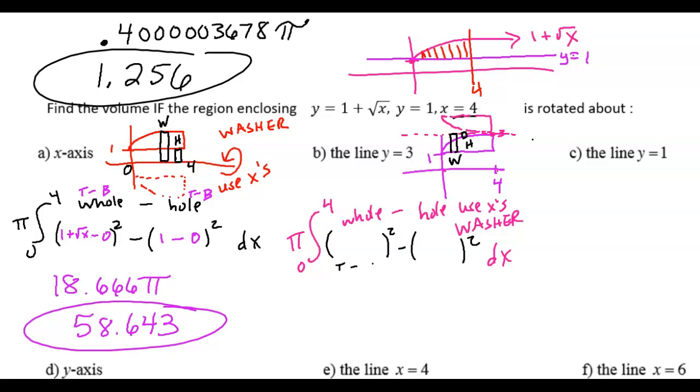So top minus bottom, top minus bottom. So 3 minus the bottom is touching that line of 1. Okay, so I really do think these drawings help. The next one, my top is touching 3 minus the bottom is touching the curve, which is 1 plus root x.